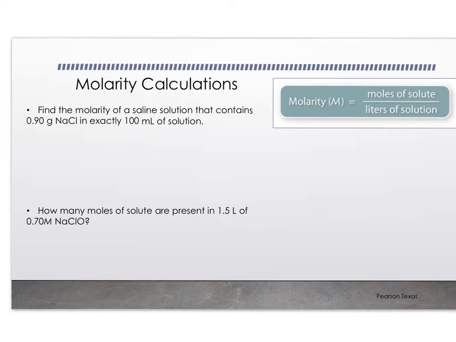To perform a molarity calculation, we have to use the formula: molarity equals moles over liters of your solution. To find the molarity of a saline solution that contains 0.90 grams of NaCl and exactly 100 milliliters of solution, we need to make sure that we are in moles and liters. So we have to do dimensional analysis.